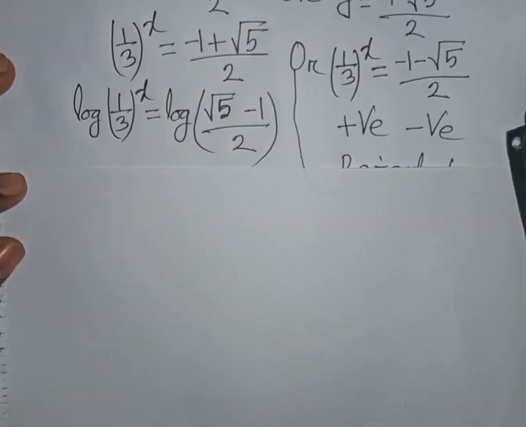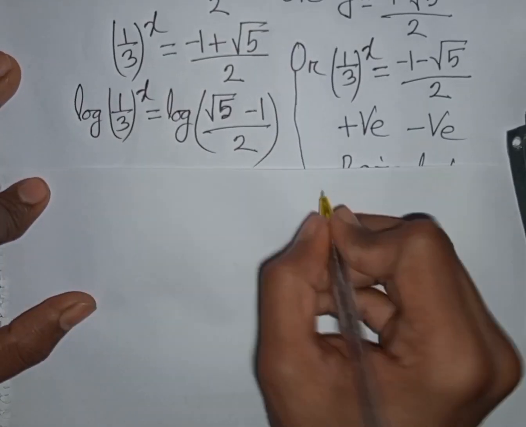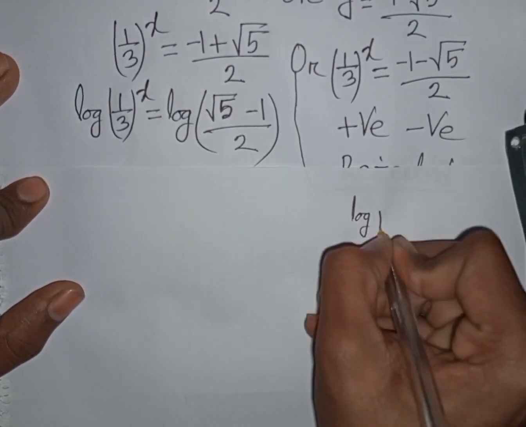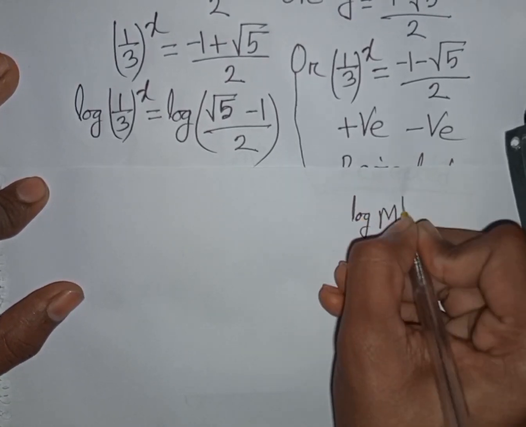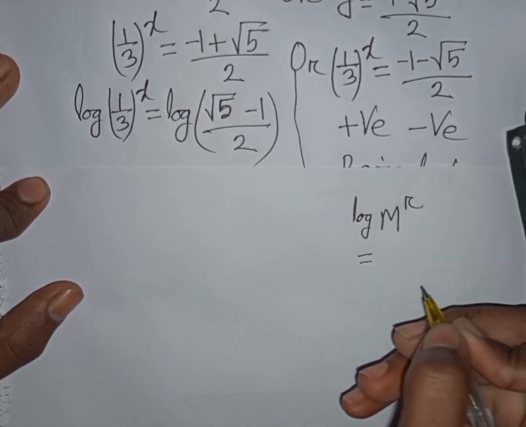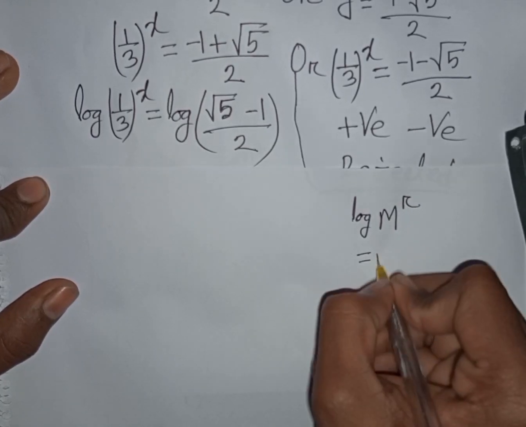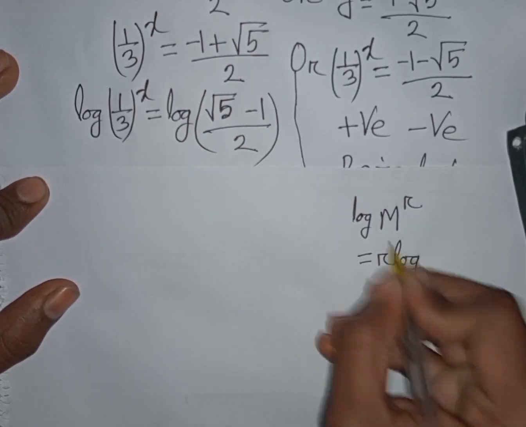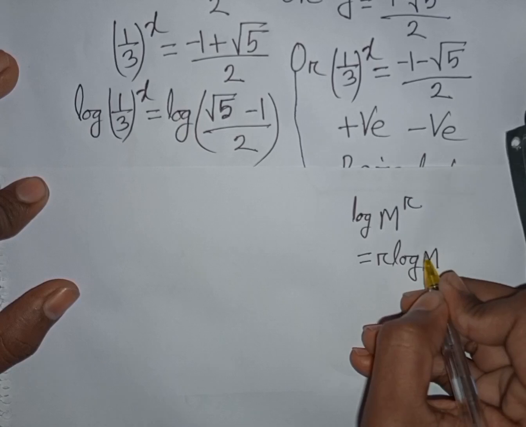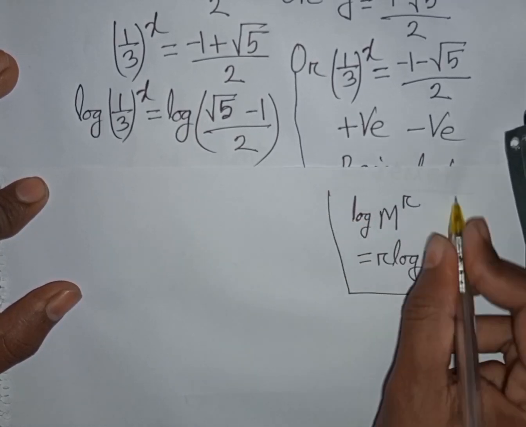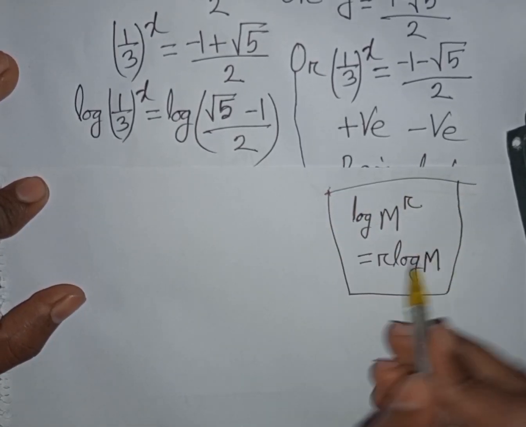Now here I can apply the rule that log m^r is equal to r log m, that means the power r moves to the front.